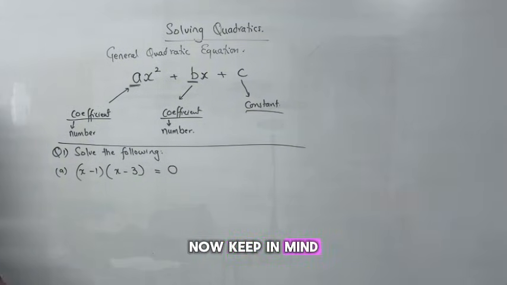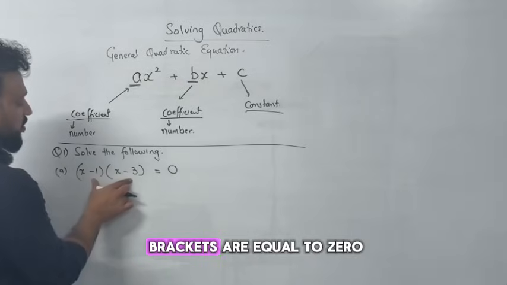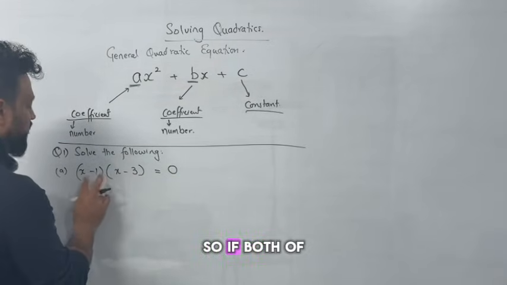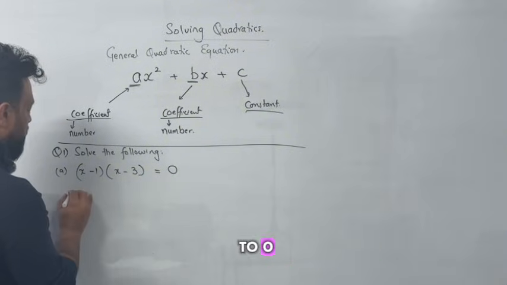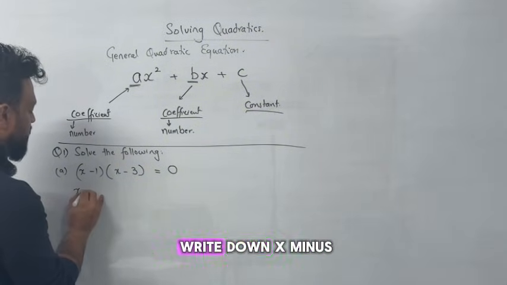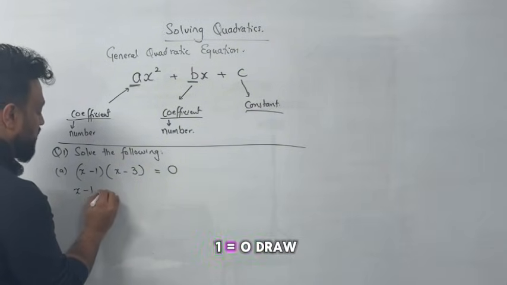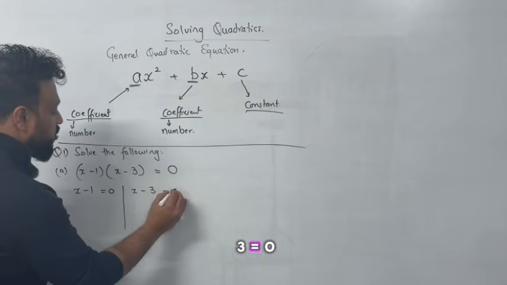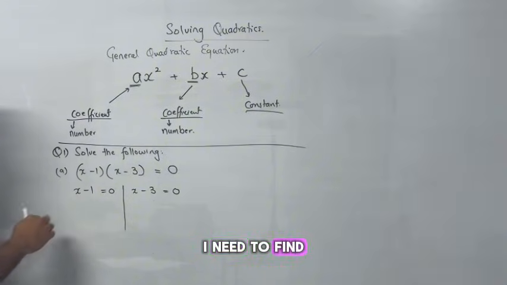Now keep in mind that both of these brackets are equal to 0. So if both of these brackets are equal to 0, I'm going to split it up. I'm going to write down x minus 1 equals 0, draw a line, x minus 3 equals 0. I need to find the value of x.